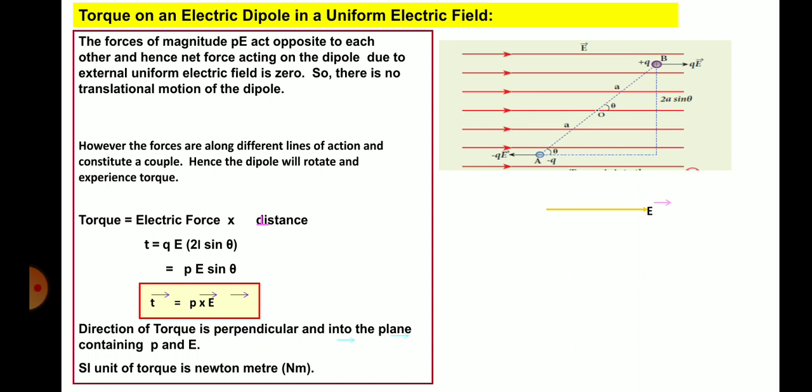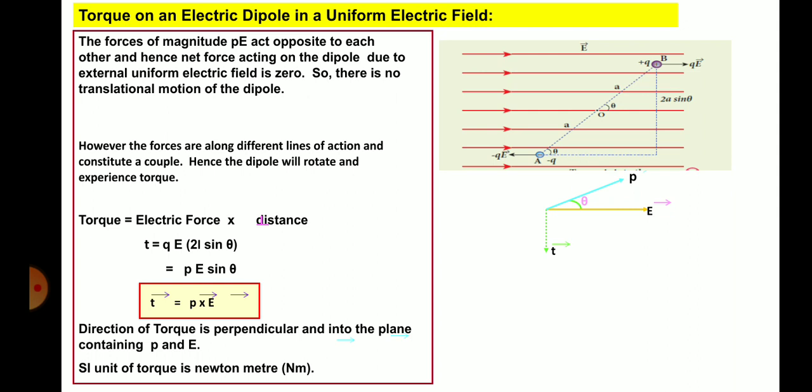If this is the direction of the electric field, and P is the direction of the dipole moment, then they are separated by the angle theta. Then the torque will be acting perpendicular to the plane of the electric field and dipole moment.